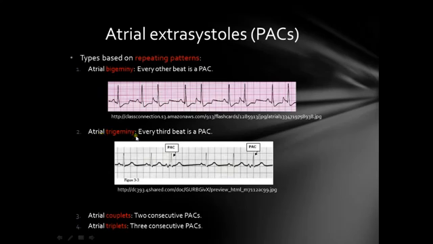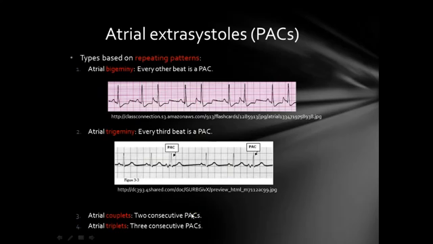Atrial trigeminy is when every third beat is a premature atrial contraction. So normal beat, normal beat, extrasystole. Every third beat is an extrasystole. Atrial couplets means two consecutive premature atrial contractions. So normal beat, two extrasystoles.